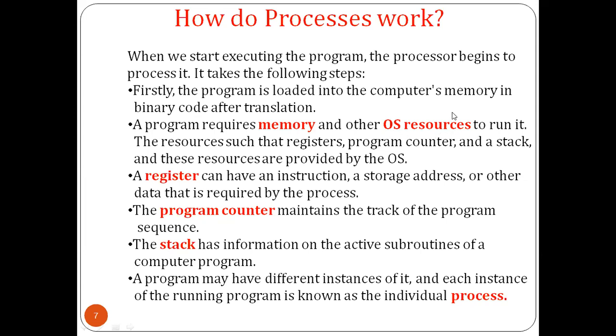The resources such as registers, program counter, and a stack are provided by the operating system. A register can hold an instruction, storage address, and other data that is required by the process. The program counter maintains the track of the program sequence. The stack has the information on the active subroutine of a computer program.